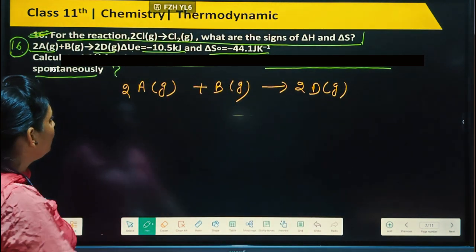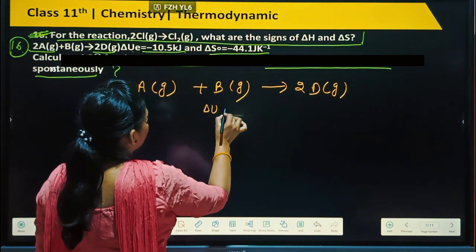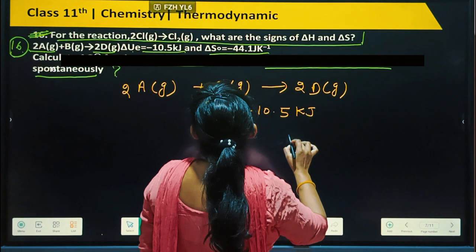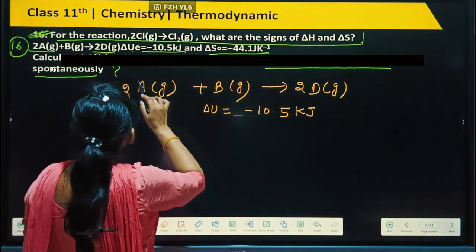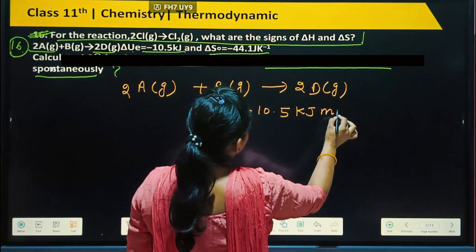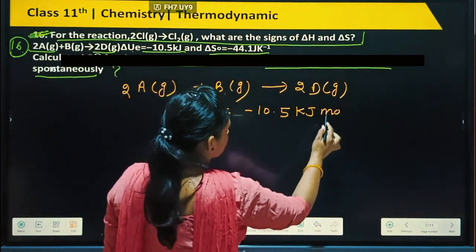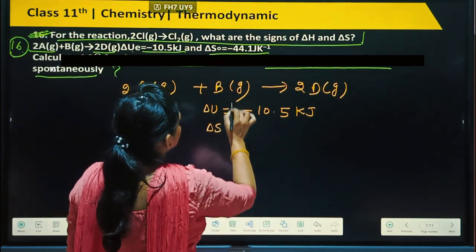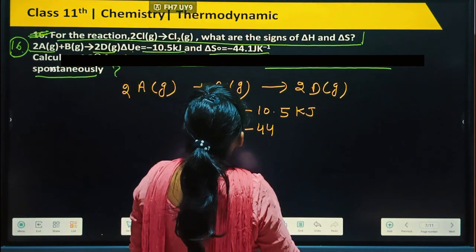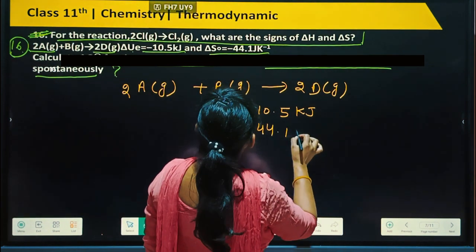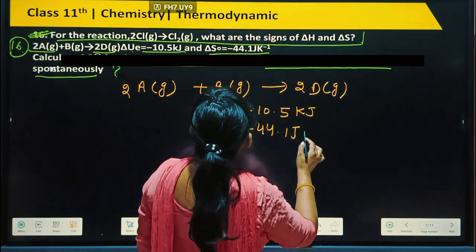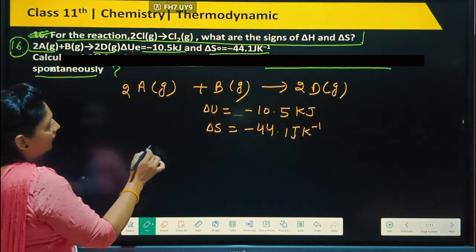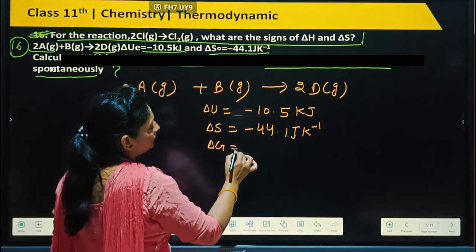The value of del U is given as minus 10.5 kilojoule per mole. It is energy only, so we can write kilojoule. Then students, del S is minus 44.1 joule per Kelvin. Then calculate del G.